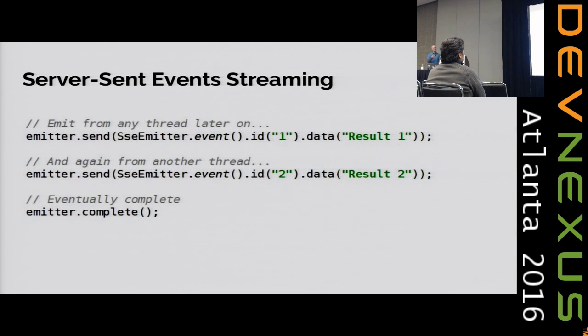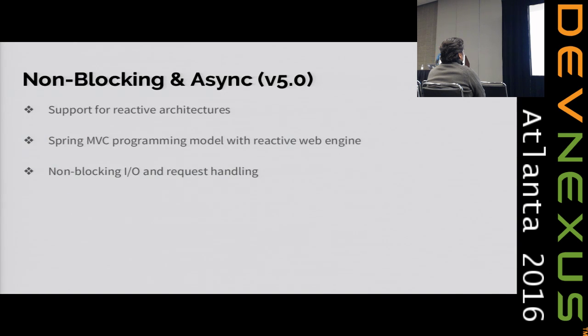With async request handling, we can separate the servlet container thread from the handling of the request. But when we actually start writing the data to the response, we're still using blocking I/O. And as it turns out, well, first of all, I should mention that in Servlet 3.1, there is a non-blocking I/O API.